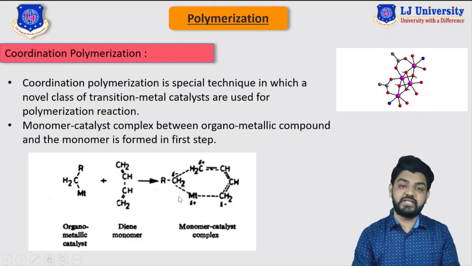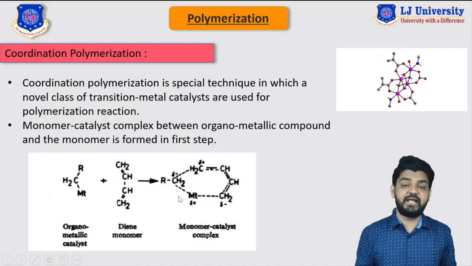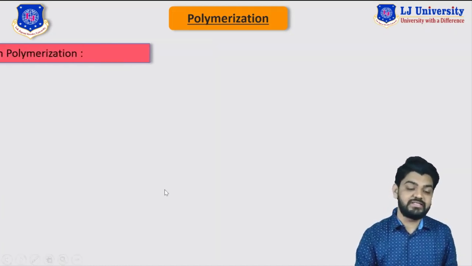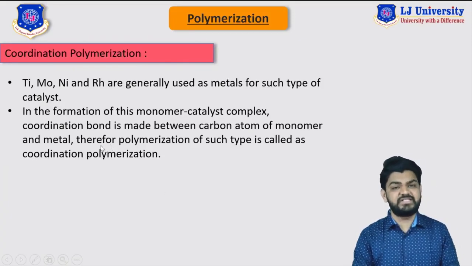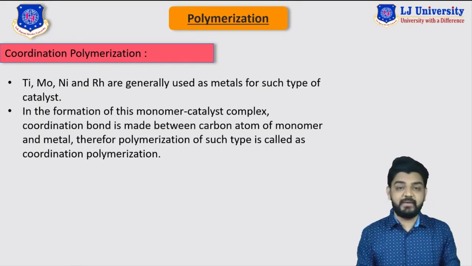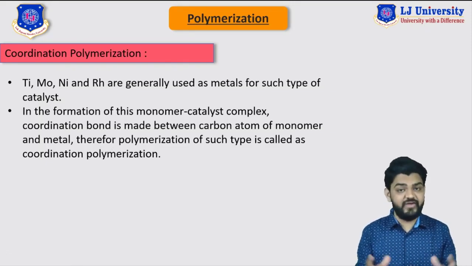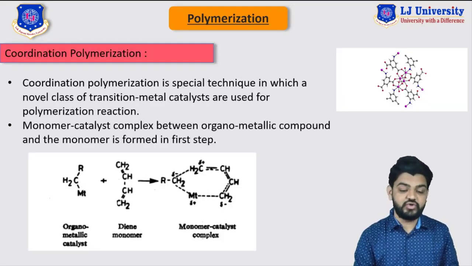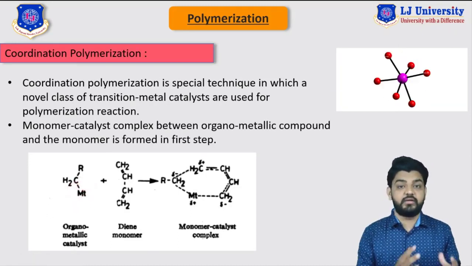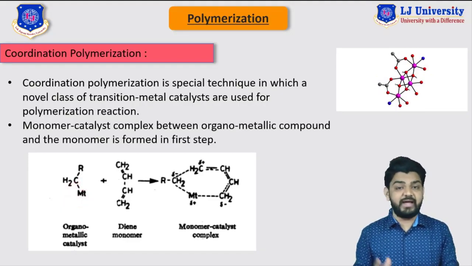Now let's understand the different steps taking place in coordination polymerization. You can see on the screen that special metals, namely titanium, rhodium and nickel, are used to manufacture such catalysts. In this image, in place of this Mt, we are going to use titanium, rhodium or nickel.